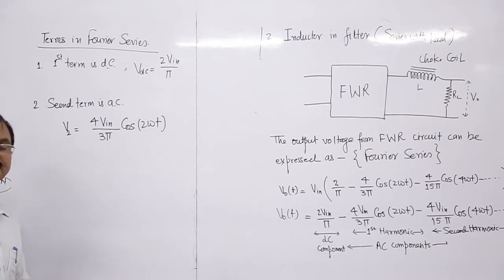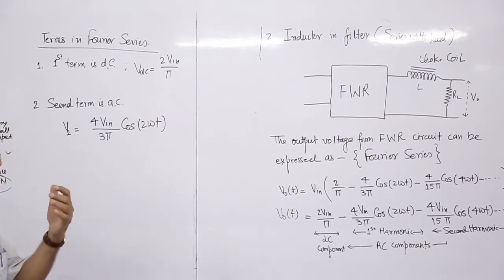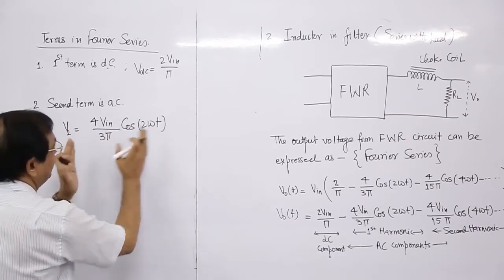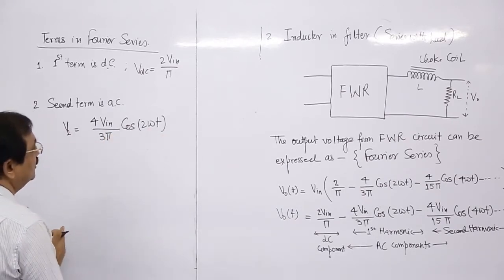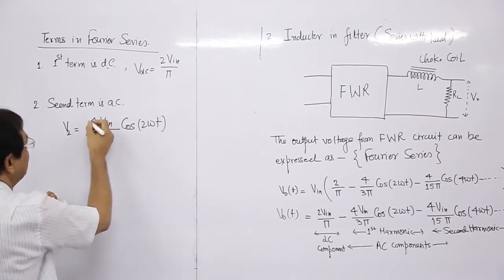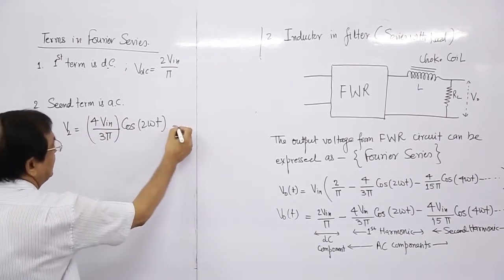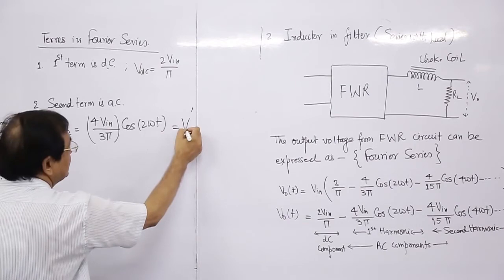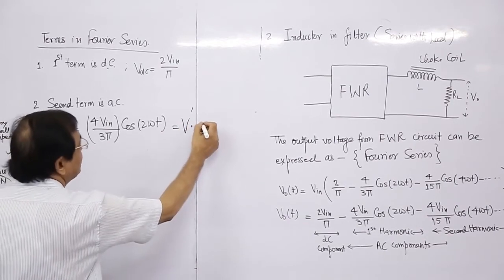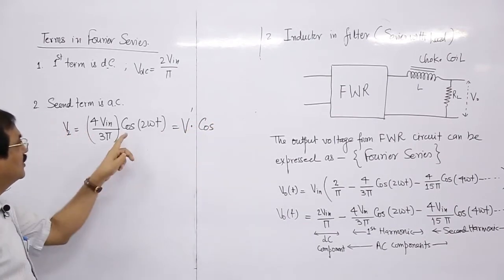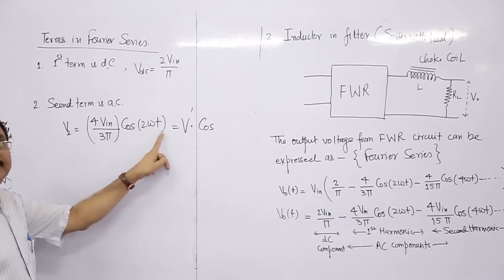Now, it is very interesting to see this function and its structure. This can also be written as, suppose this factor is V dash, so this V dash is cos 2 omega t.